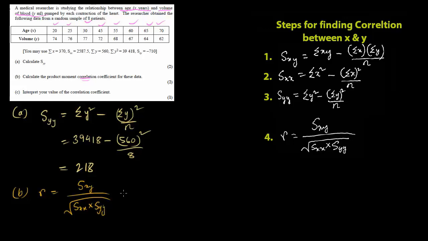Now, in order to calculate this, we need some values, and the values are already given. If you check here, Sxy is minus 710, Sxx is 2587.5 times Syy is going to be 218. So this is the value of the correlation.